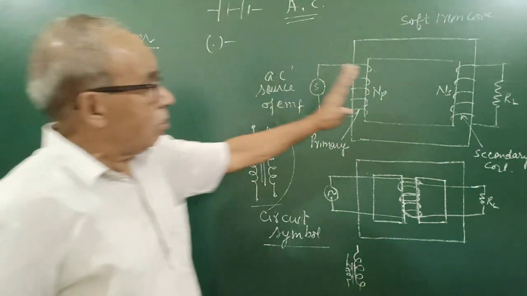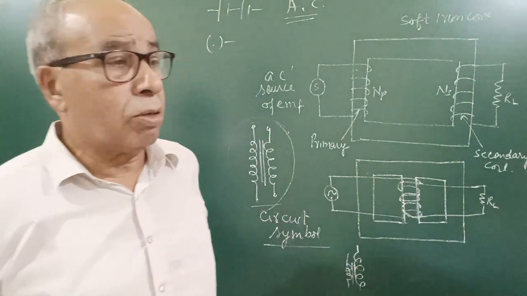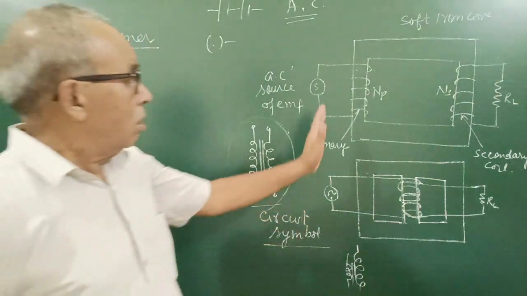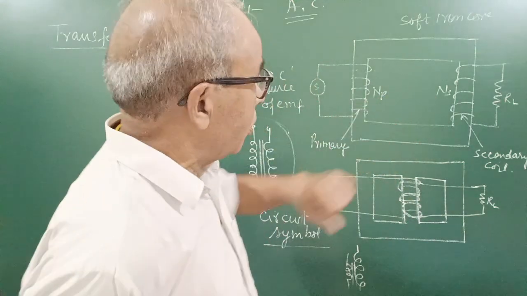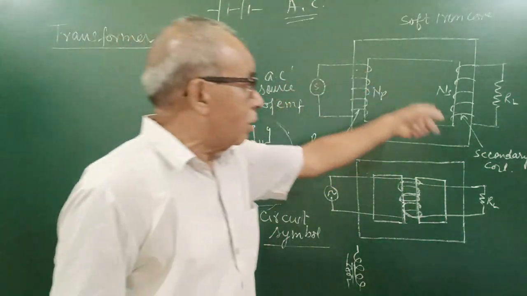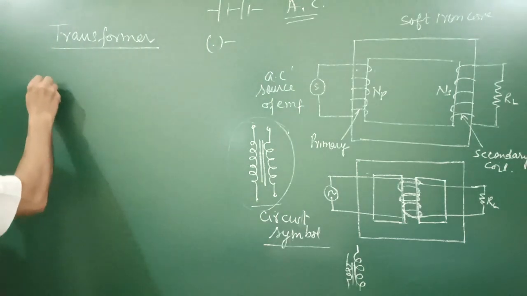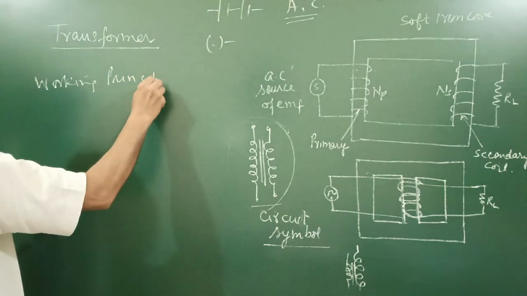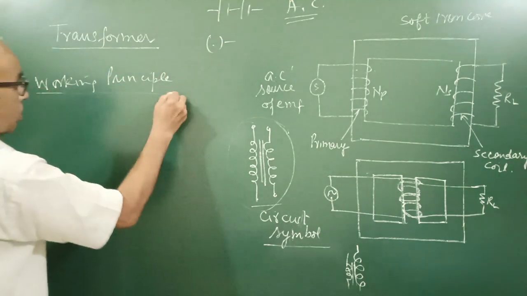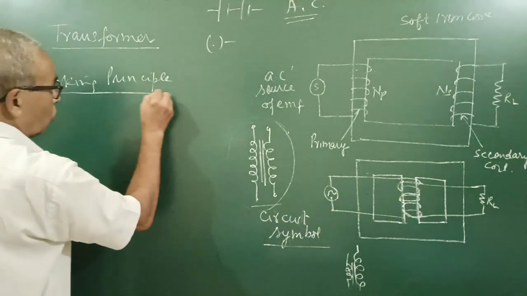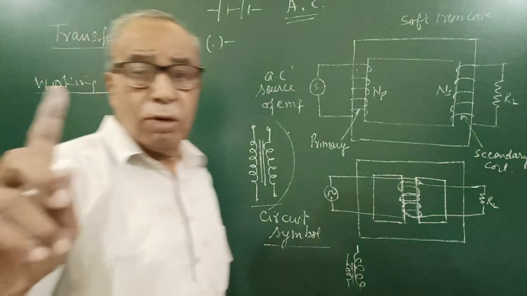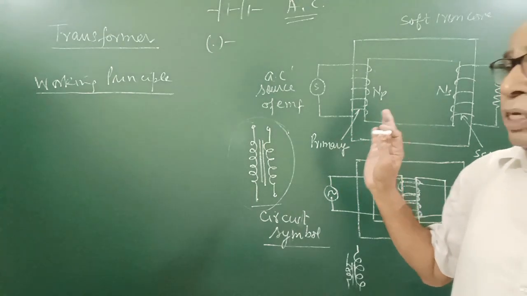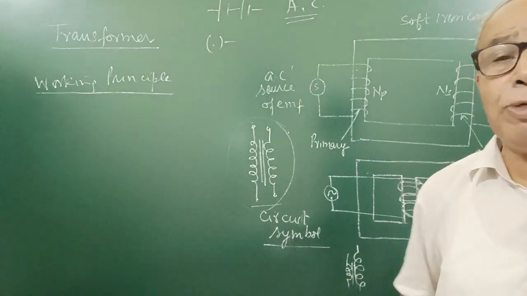So that is simply the construction. If you are asked in the exam to draw and explain a transformer, you have to make its diagram and label it. It has two coils, primary and secondary, wound over the same soft iron core. Now, what is the working principle? If you are asked a 1 mark question, what is the working principle of the transformer, then you can write it works on the principle of mutual induction, which you have learnt.